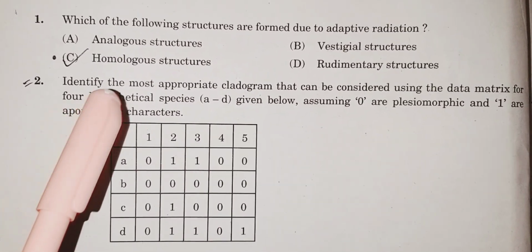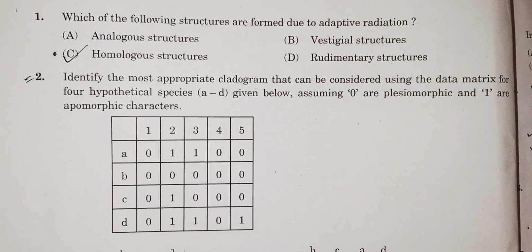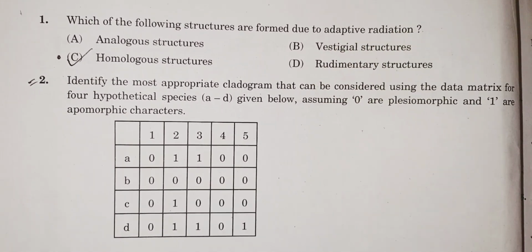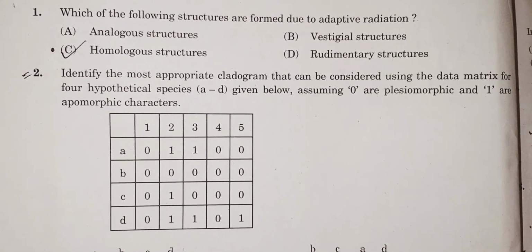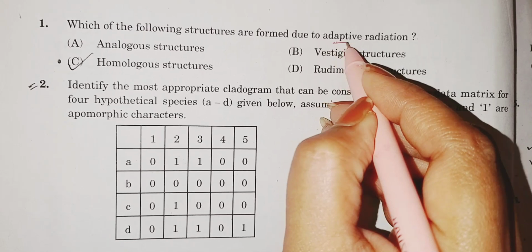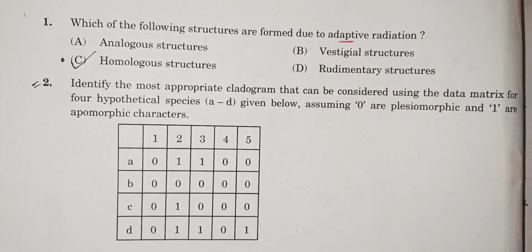The very first question says, which of the following structures are formed due to adaptive radiation? So to solve these type of questions, you must first know what is adaptive radiation.